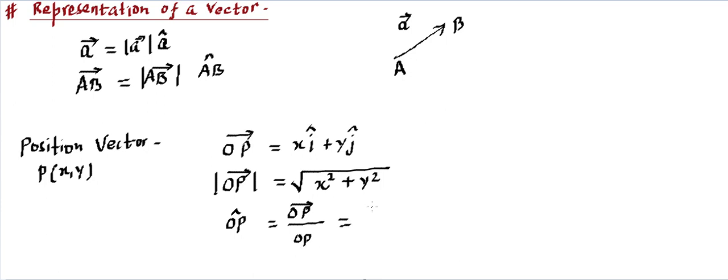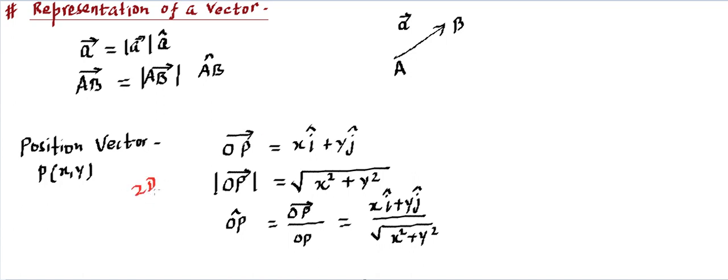So this is equal to x i cap plus y j cap divided by the square root of x squared plus y squared. Now this was the description that we talked about earlier, and this is related to a two-dimensional point, that means the xy coordinate system. So this kind of vector is known as a 2D vector.